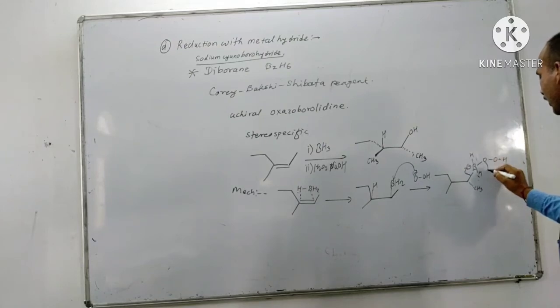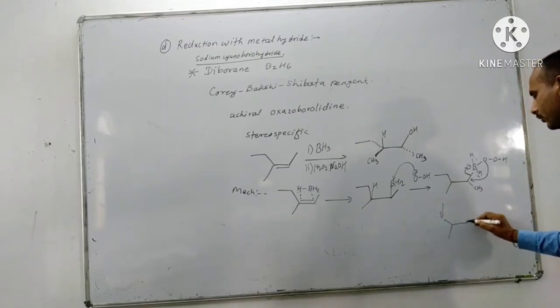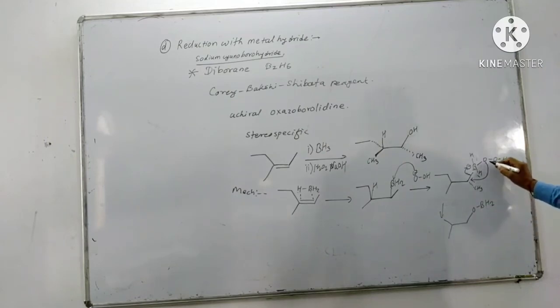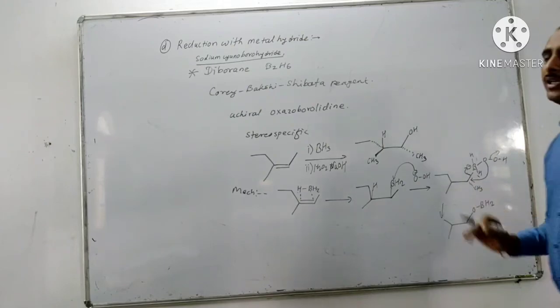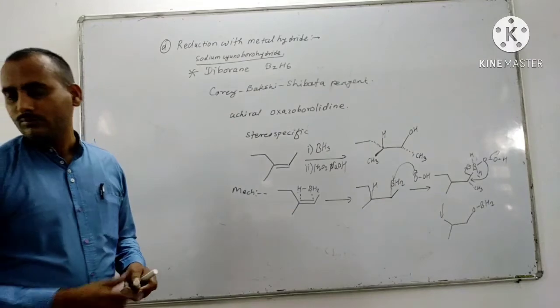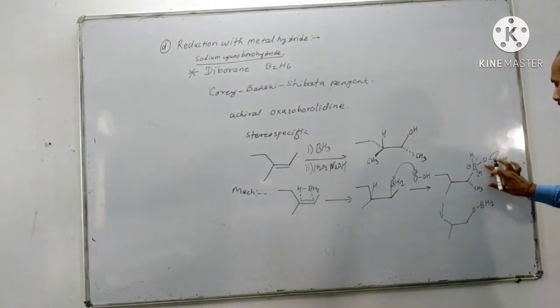This attacks on this position. So there is formation of OBH2. So this attacks from here, there is breaking of this bond, and OH minus gets removed. We can say migration of this group on oxygen. This bond is migrated and OH gets eliminated.